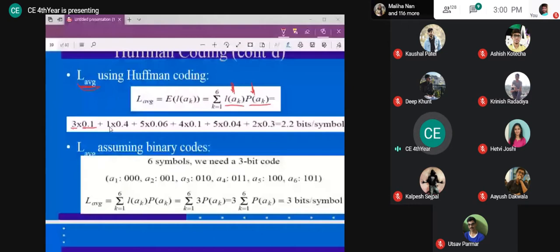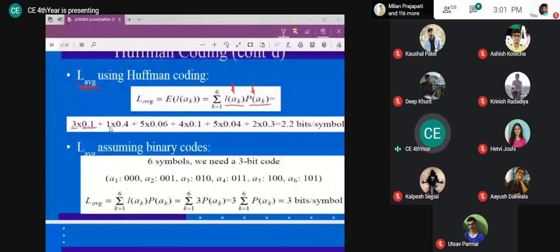If you are not applying this methodology and want to represent 6 symbols, A1 to A6, and I don't know about Huffman coding, then to represent A1 to A6 I will need 3 bits.